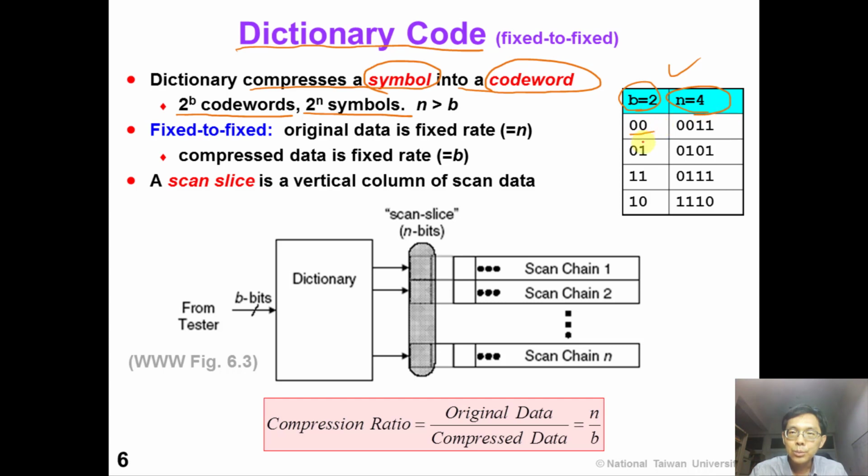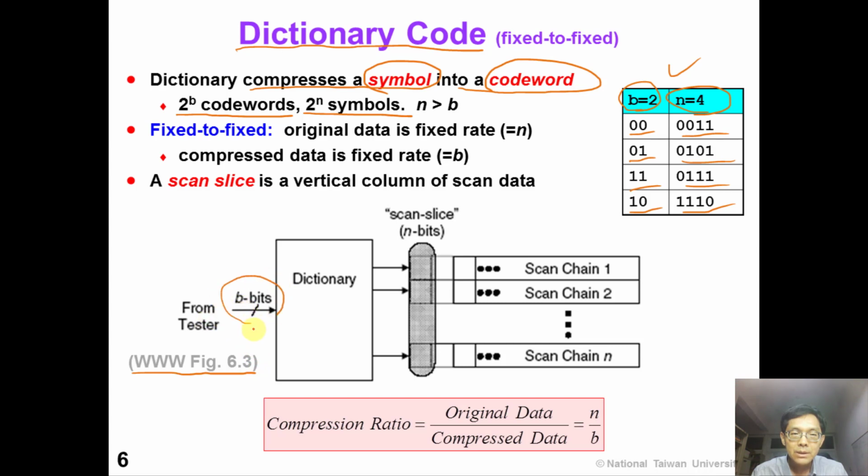So we use 2 bits to represent the data of 4 bits. In this way, we can achieve data compression, as is shown in figure 6.3 in our textbook.